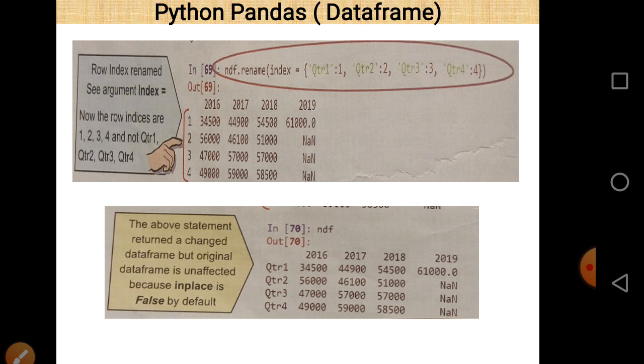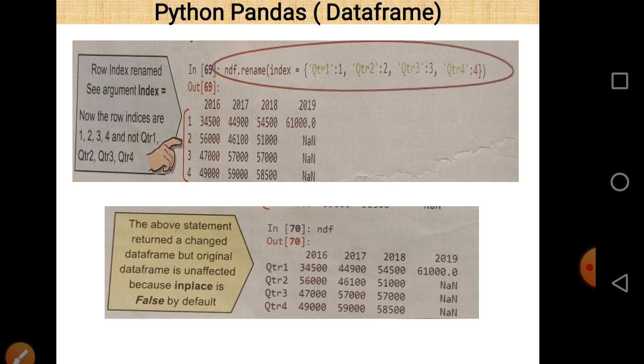And now if you want to print NDF again, then we can easily see that QTR1, QTR2, QTR3, QTR4 are there, they are not represented by 1, 2, 3, 4. This happens because we don't take the parameter inplace, and by default inplace is equal to False.